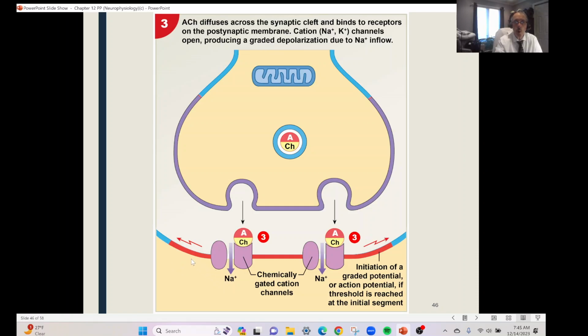The local current will now travel along whether this is the dendrite of a neuron or the cell body of the neuron. It'll travel through the neuron as a local current until we get to the initial segment of this postsynaptic cell, and then we'll get the action potential. Okay, so here we see again the acetylcholine binding to the receptor. That opens the sodium gated channels, and sodium now comes in, producing a graded potential.